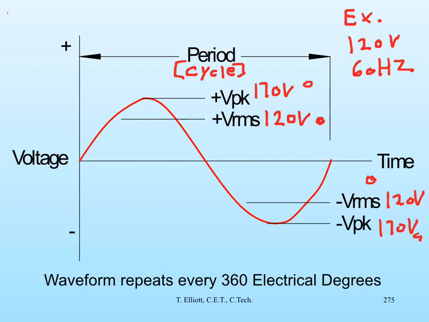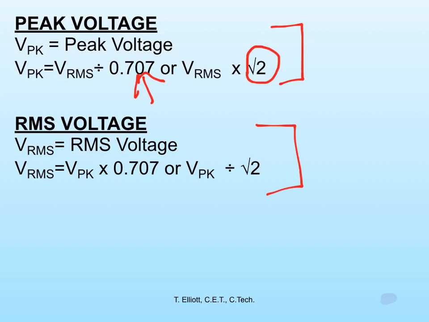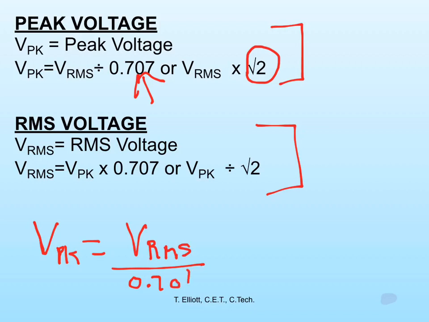So again, to convert from the RMS to the peak, we'll go back to the previous slide. We can simply say that V peak equals the V RMS divided by 0.707, or multiplied by the root of 2, whichever you prefer.